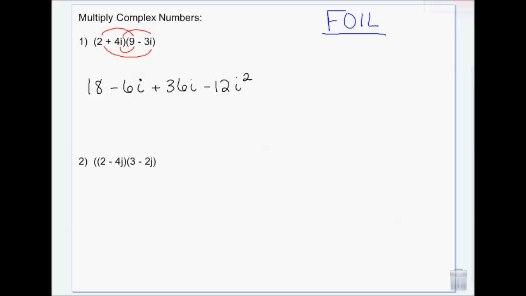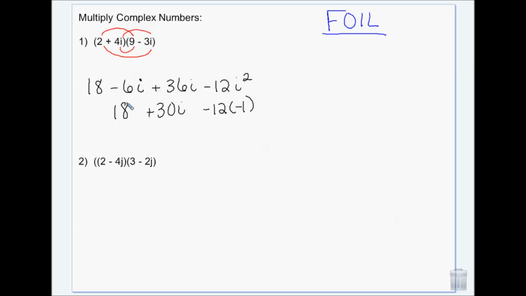Now, i squared is never allowed to stay i squared. So this negative 12i squared is really negative 12 times negative 1. I have like terms, negative 6i plus 36i, so that's going to give me 30i, and I've got that 18.